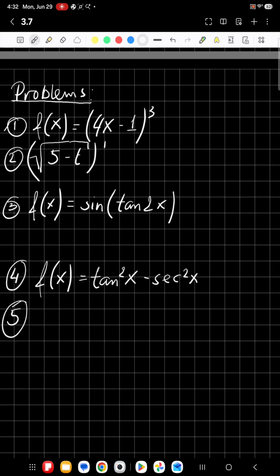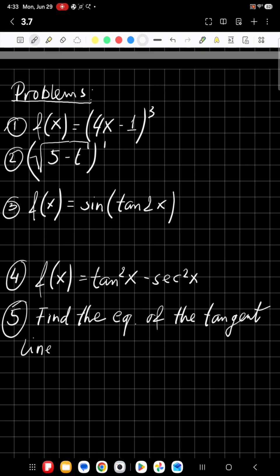Right, so that's like the problem that we did a couple of minutes ago. So find the equation of the tangent line to the graph.